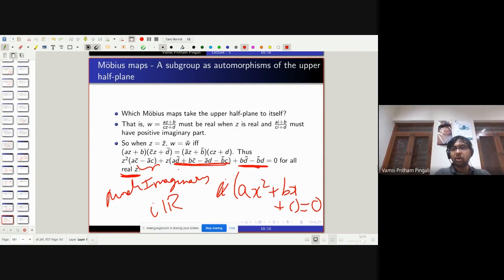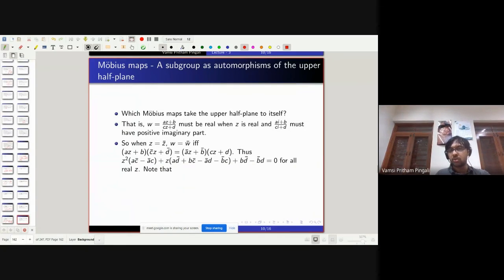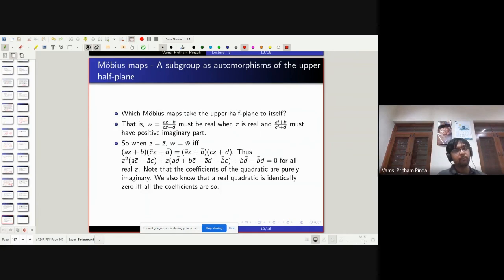If you throw out the i, you have a quadratic equation where these are all real numbers, and this is true for all real numbers x. That means each of these coefficients must be 0. Note that the coefficients of the quadratic are purely imaginary. We also know that a real quadratic is identically 0 if and only if all its coefficients are 0.